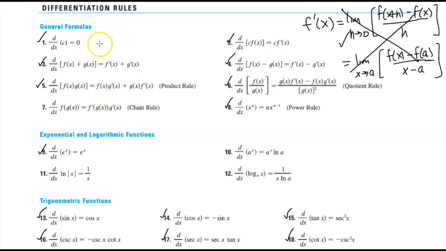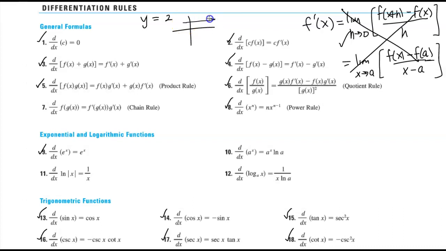Okay. All right. So let's start off with the first differentiation rule. This just says that the derivative of any constant is 0. If we think about what that means conceptually, let's say I had the horizontal line y equals 2.